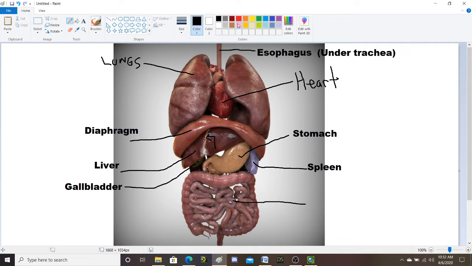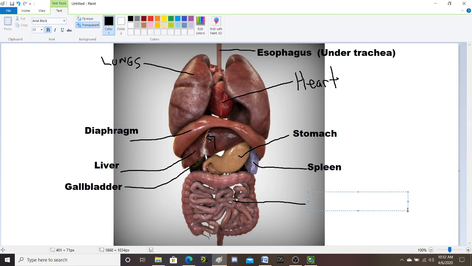We could call it the long intestine, maybe that would be a more appropriate name, but it's referred to as the small intestine because it has a smaller diameter. So all of this is your small intestine. Now in A&P2, you're going to differentiate between the different parts, but for this class, all you have to know is small intestine, and you're good.